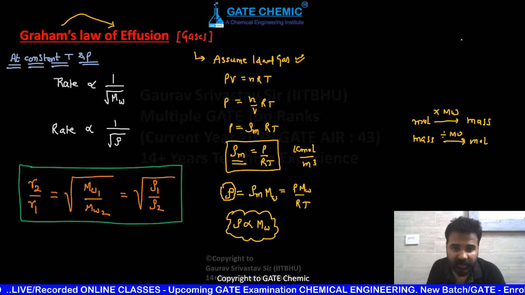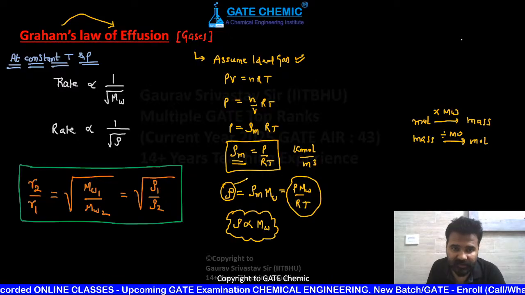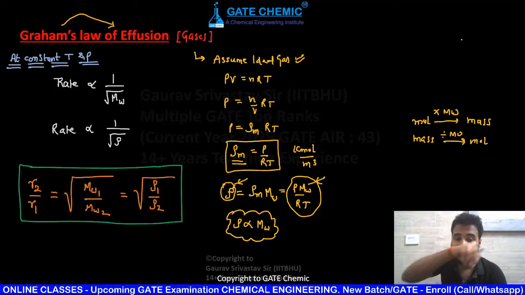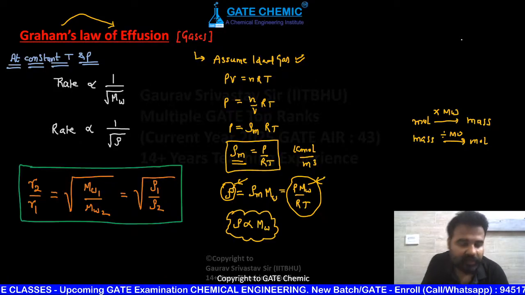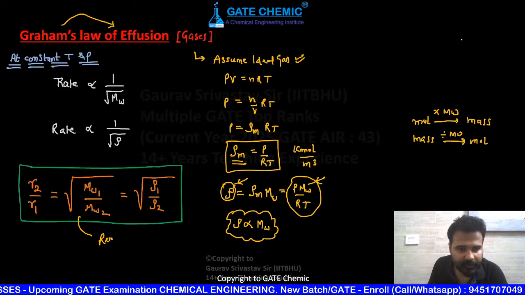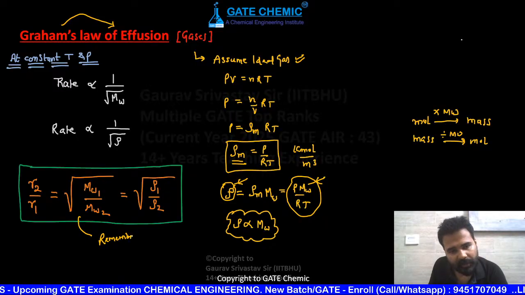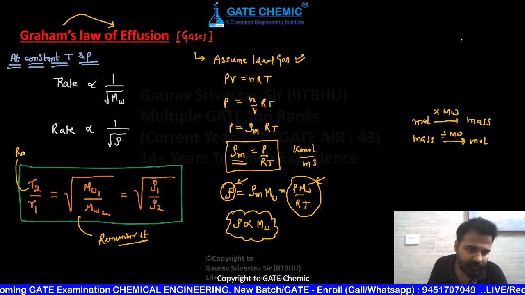So rho can be written as P M average by RT. So I can write this M average in terms of density also. We can write it in the form of density also. So only this you have to remember.